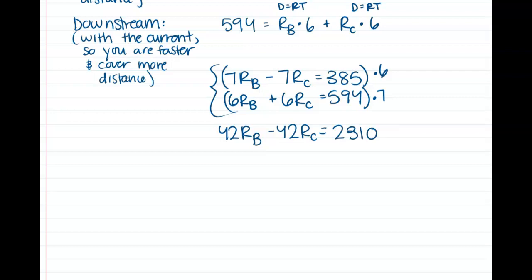And then for the second equation, we have 42 times the rate of the boat plus 42 times the rate of the current equals 594 times 7, which is 4,158.